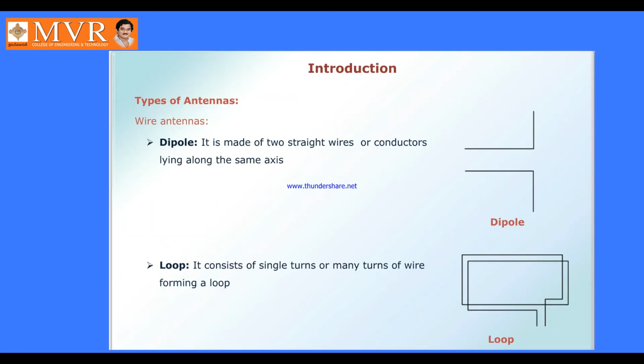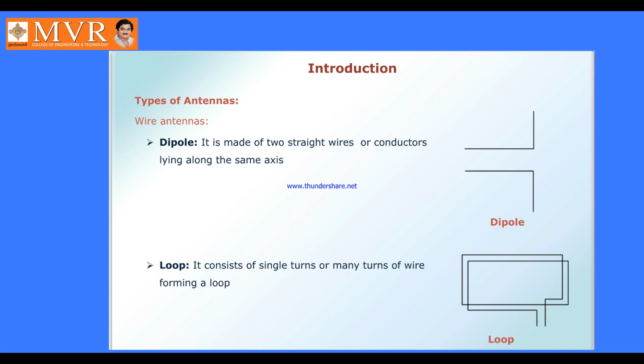So the types of the antenna. Here we may find some types of antennas, like a dipole antenna and a loop antenna. Based on the physical structure of these, we can name them so and so antennas.